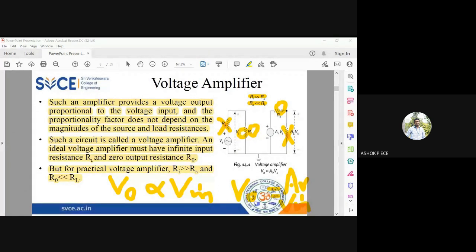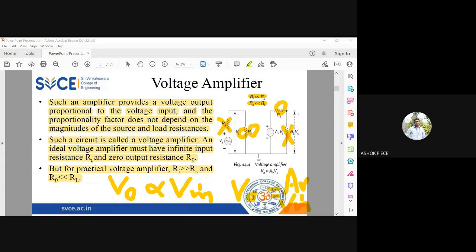Can anybody say what is the best example of a voltage amplifier? Examples for voltage amplifier. What examples you can cite for voltage amplifier? Yes, I need answers.